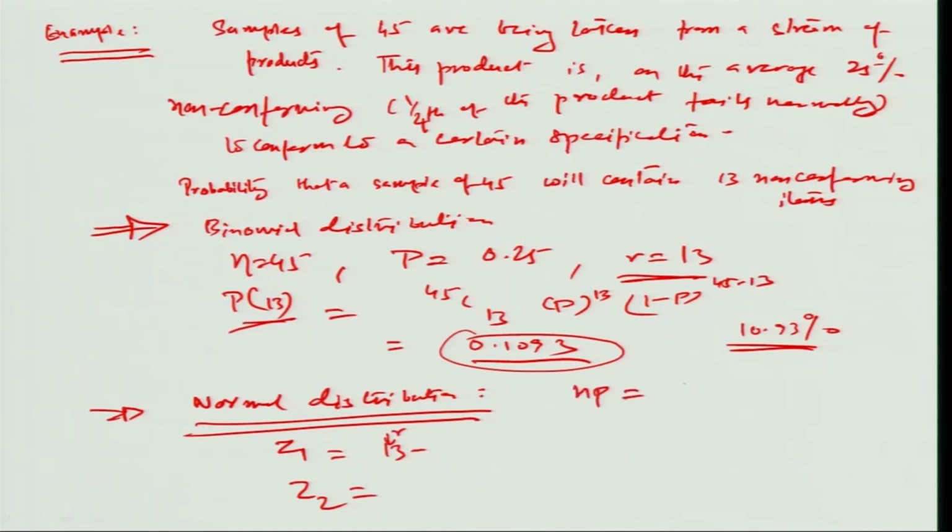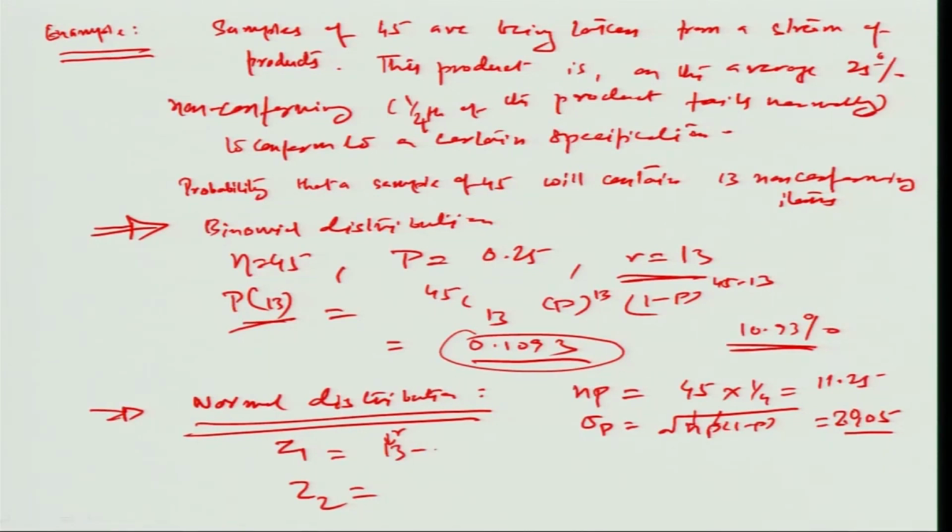Obviously, NP in this particular case, because the sample size is 45 and about a quarter are rejected, is close to 11.25, and similarly the sigma from the normal distribution here is root of NP times (1 minus p). So, this comes out to be equal to 2.905 when you substitute the p value and n value as 1/4 and 45 respectively.